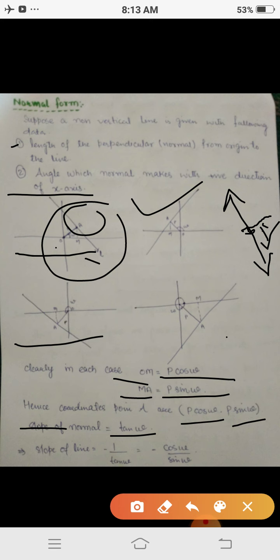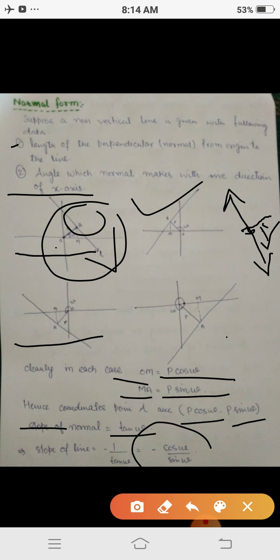Hence the slope of the given line, or the required line L, is minus 1 upon the slope of the normal, because both are perpendicular to each other. By the condition of perpendicularity in terms of slope, the slope of the line equals minus 1 upon tan omega, or simply minus cos omega upon sin omega.